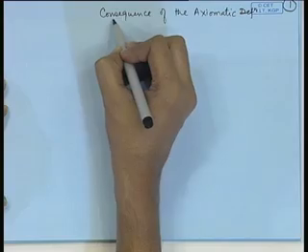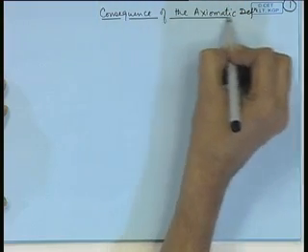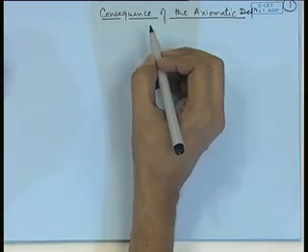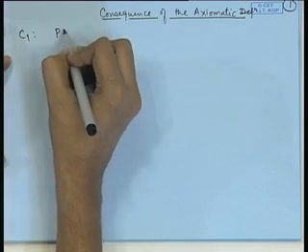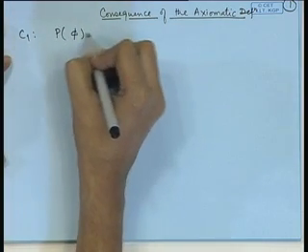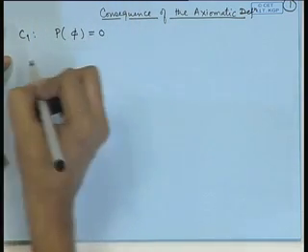Now, some of the consequences of the axiomatic definition are as follows. The first consequence, let me call it C1, is that the probability of the impossible event must be 0.